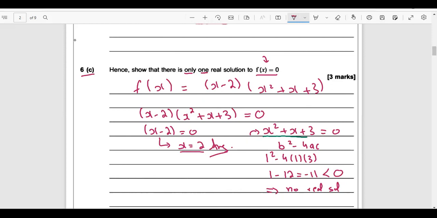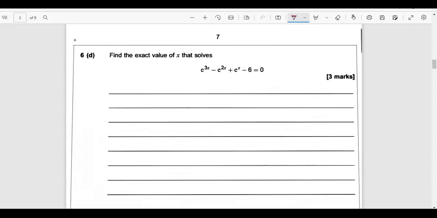All right, very good. Let's talk about the next part of this question. Here it is. Okay, it says, find the exact value of x that solves this. Now, if you look at this question initially, anyone would think about it as a difficult question because it looks like you have exponential in this and how to solve this and stuff like that.